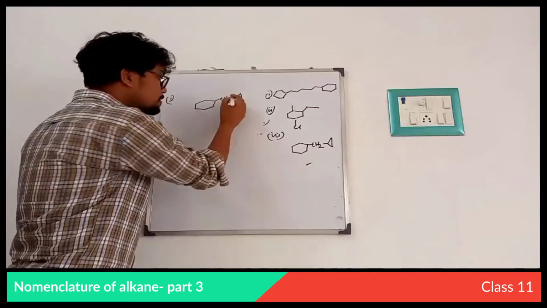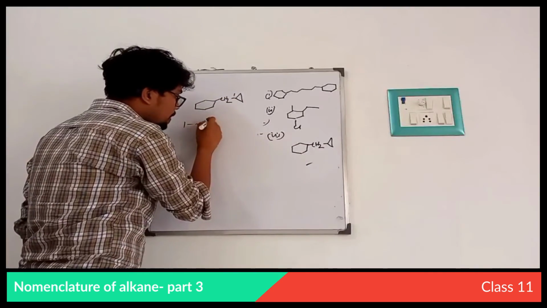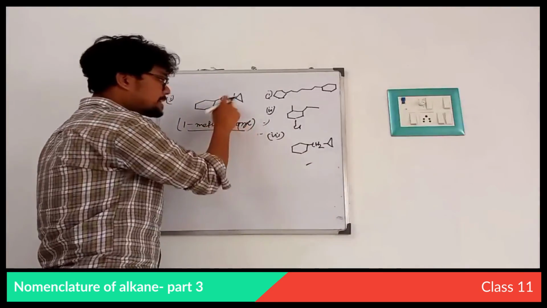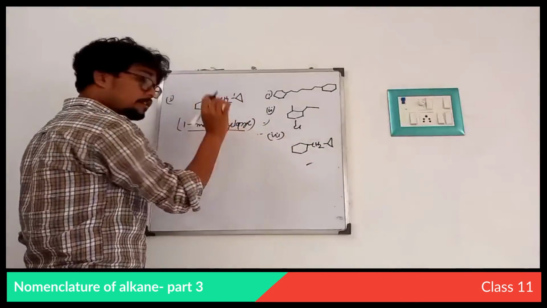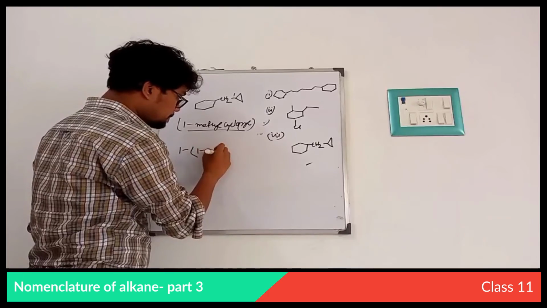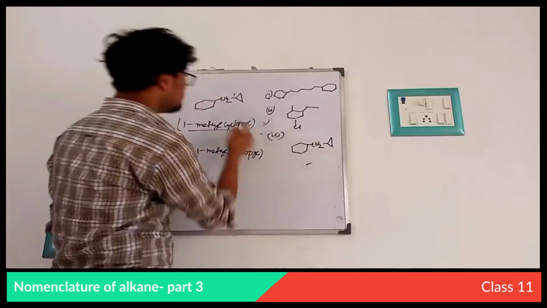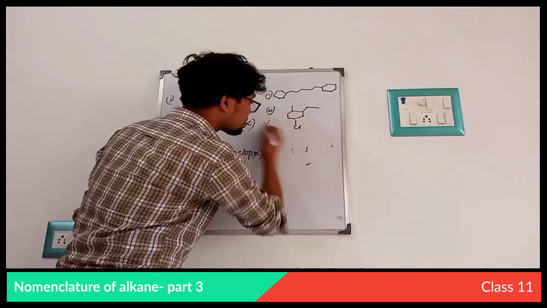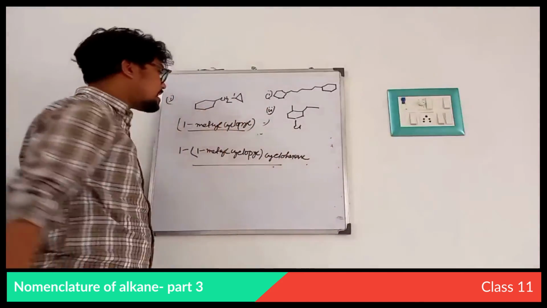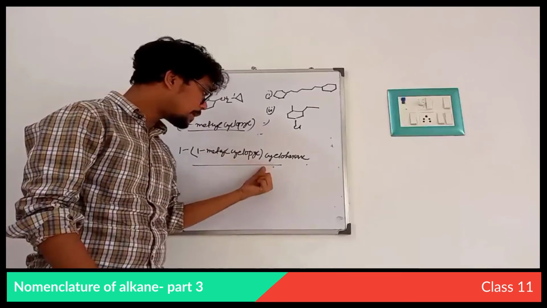Very carefully, this is a CH2 part, that is the methyl part. 1-methylcyclopropyl, that is the name of our complex substituent. Now the total nomenclature is (1-methylcyclopropyl)cyclohexane. Okay, fine. So this is our IUPAC nomenclature.